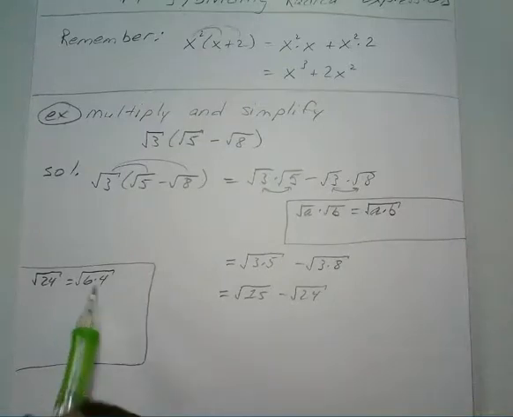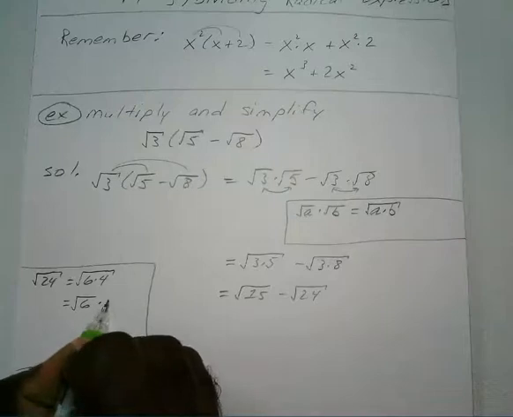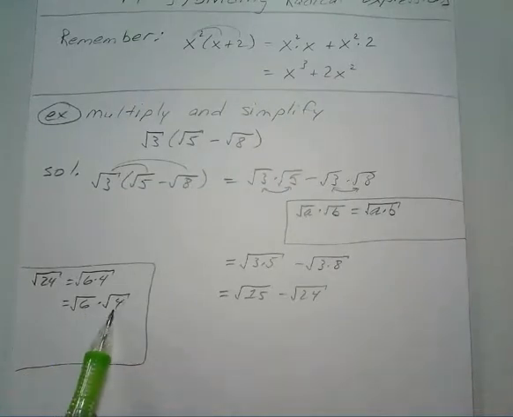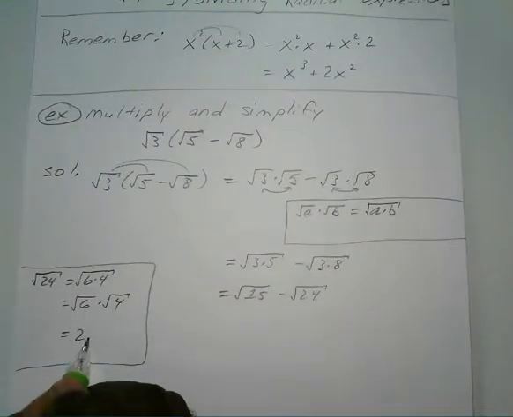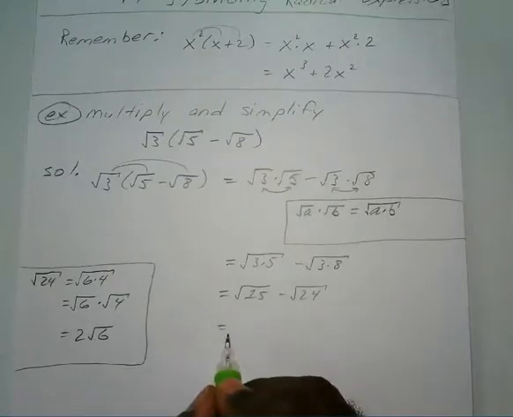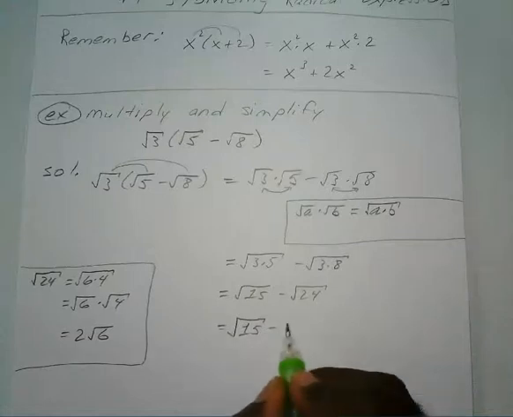So if we separate those two, that's square root of 6 times square root of 4. Square root of 4 is equal to 2, so we have square root of 6 times 2, or 2 times square root of 6. Okay, so this simplified answer will be square root of 15 minus 2 square root of 6.